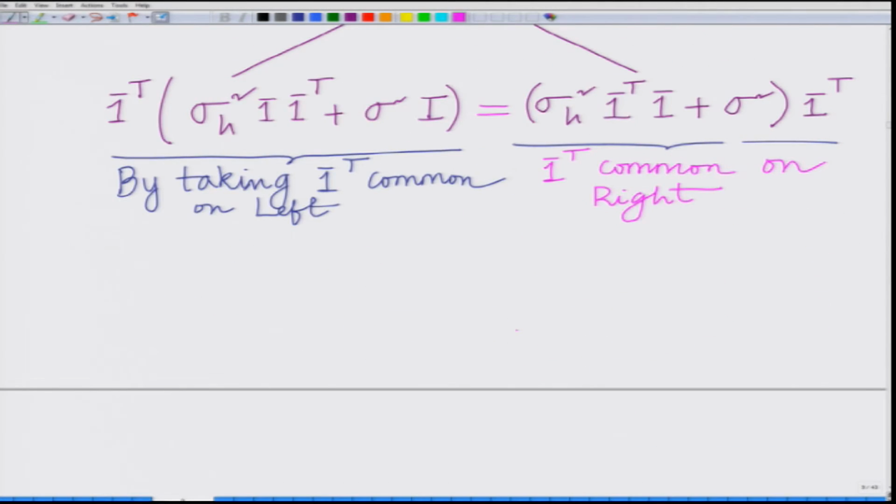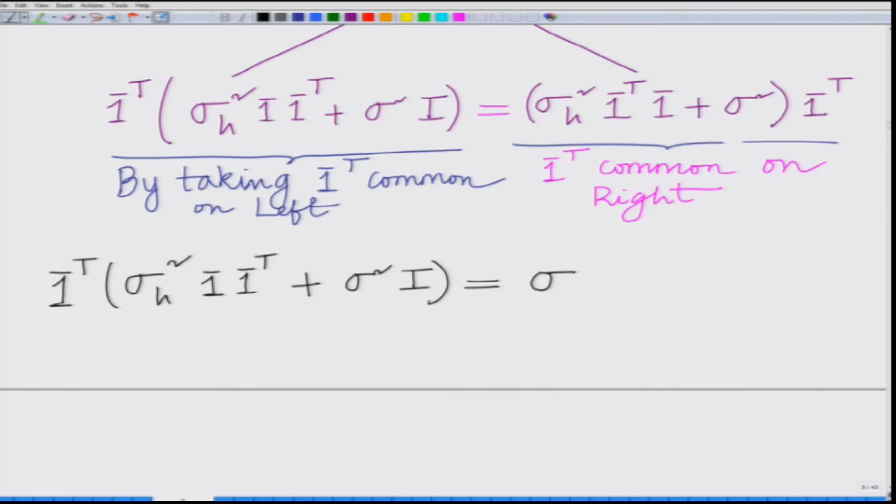So, let me write it down: 1 bar transpose times sigma h square 1 bar 1 bar transpose plus sigma square times identity is equal to sigma h square 1 bar transpose 1 bar plus sigma square times 1 bar transpose.